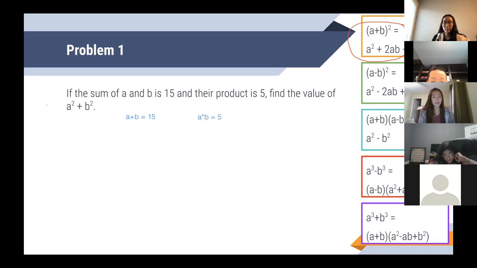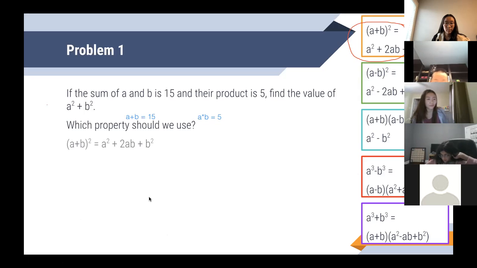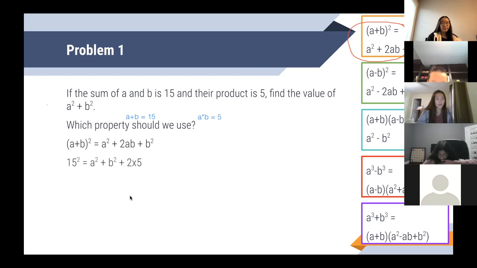So the quantity of A plus B squared equals A squared plus 2AB plus B squared. Well, we wrote down that A plus B is 15, right? So 15 squared equals A squared plus B squared plus 2 times 5.